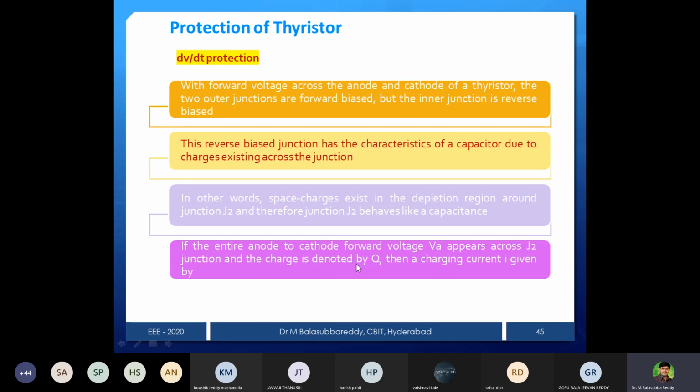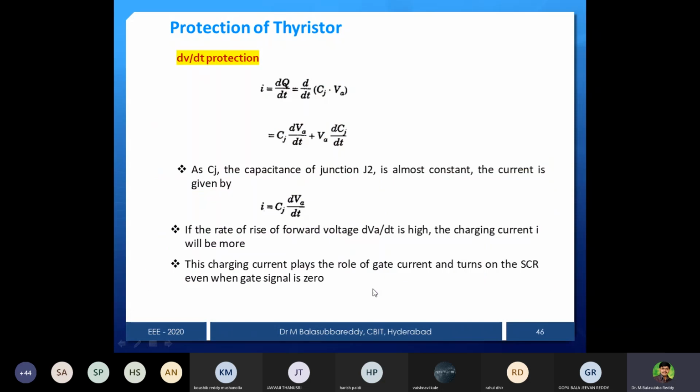If the charge is denoted by Q, then the charging current is I equal to dq by dt, with Q equal to Cj V. Here Cj is the junction capacitance, because that junction acts as a capacitance.